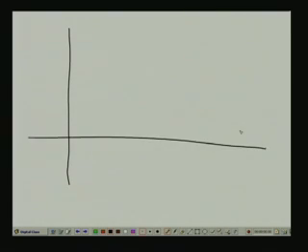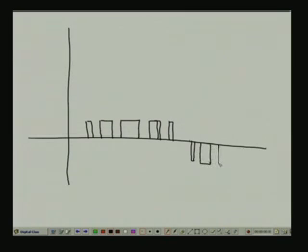Actually what you will get is a set of voltage pulses, maybe wide here and then narrower, and then you will get a similar thing, then for some time there will be a break and then you will again get a narrow pulse. So these pulses will get consecutively wider and then they will become narrow again.